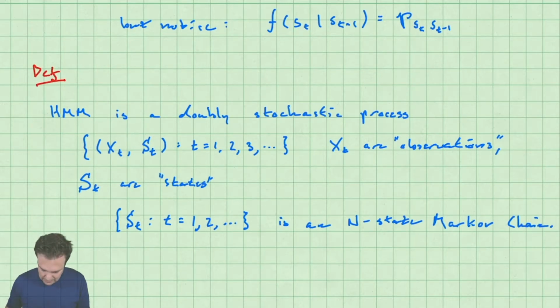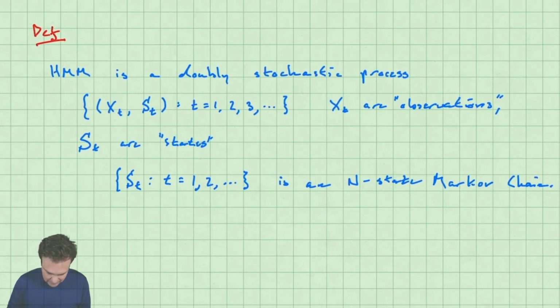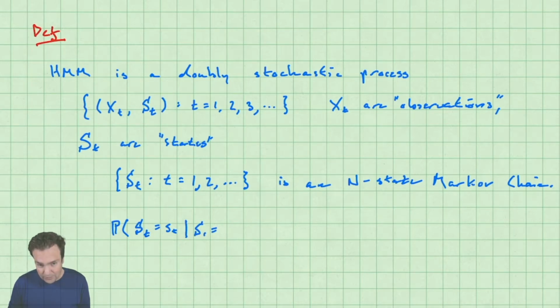All right, and that is to say it has the following property. So you can say that the probability that s sub t, so I'm using the longhand notation here, is equal to little s sub t given, and then you write out this whole history. S sub 1 is equal to little s sub 1, s sub 2 is equal to little s sub 2, and then so on all the way up to t minus 1.